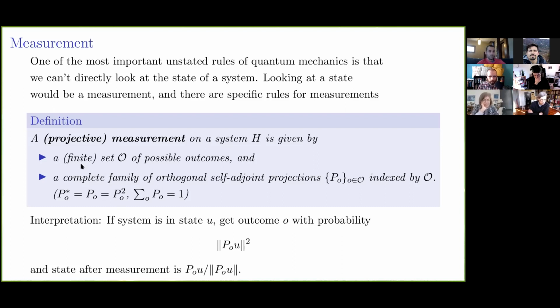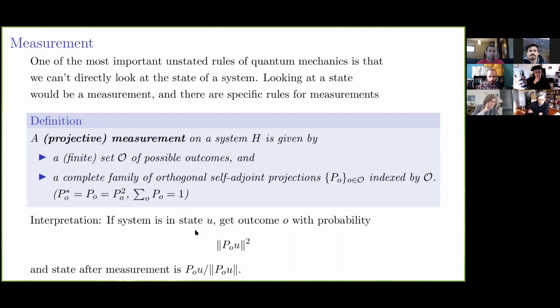So that's how to interpret this first part. It's a great question. And then how to interpret the second part, with these self-adjoint projections: they tell us the probability of getting different outcomes based on the state of the system. The result of the measurement will depend on the state of the system. That makes sense if we think about what state is supposed to mean.